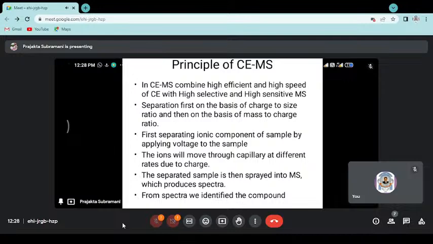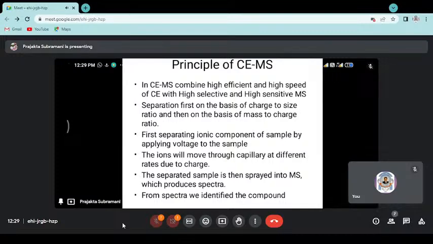The separated ionic compounds are sampled by applying voltage to the sample. The ions will move through the capillary at different rates due to their charge. So according to charge, they move through the capillary when we apply the voltage.